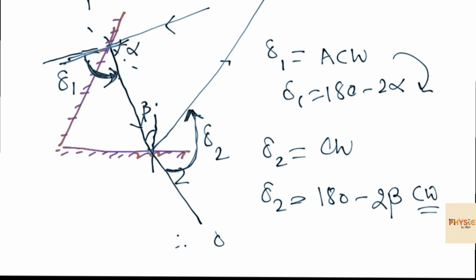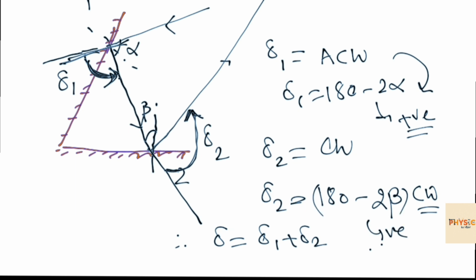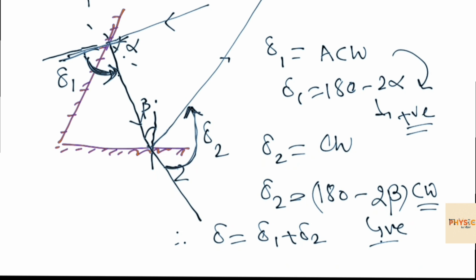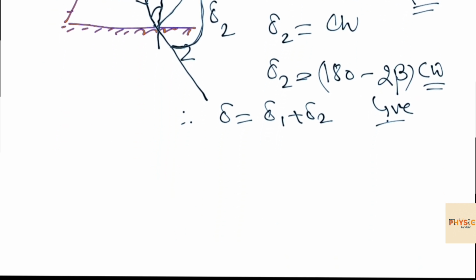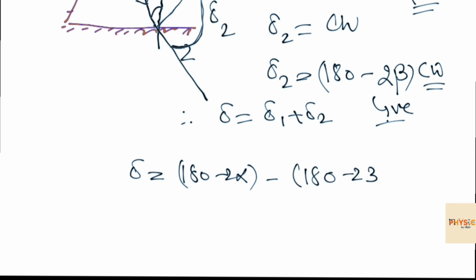So the overall angle of deviation is delta 1 plus delta 2. The anti-clockwise angle is taken as positive, and the clockwise angle is taken as negative. So the overall deviation is delta 1 plus delta 2, where delta 1 is anti-clockwise, so positive 180 minus 2 alpha, and delta 2 is negative, so minus of 180 minus 2 beta.